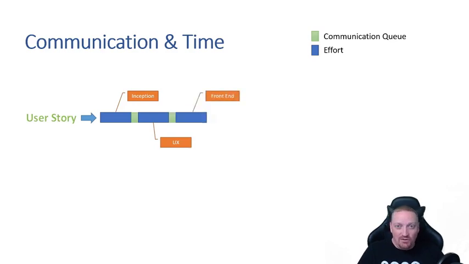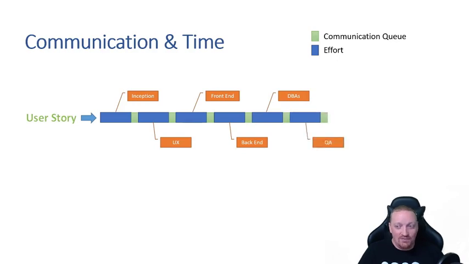And this continues on through all of the different teams, right? Front end, back end, DBAs, QA, all the way down to DevOps before we finally get to the point where it's done. So one deployment or one story can potentially take years. It may not even get done at all, right?